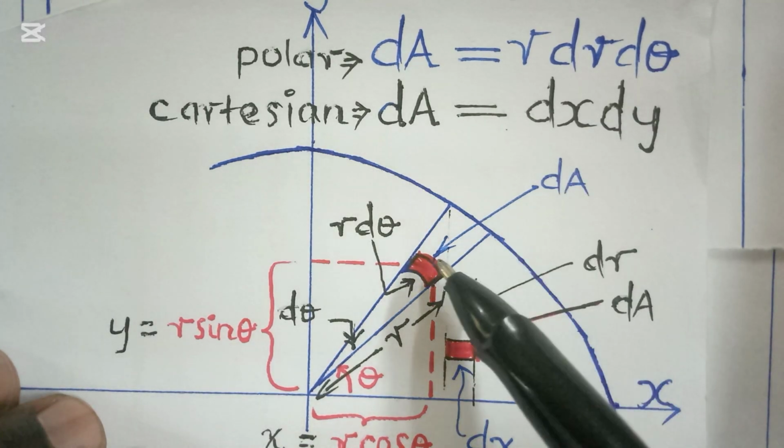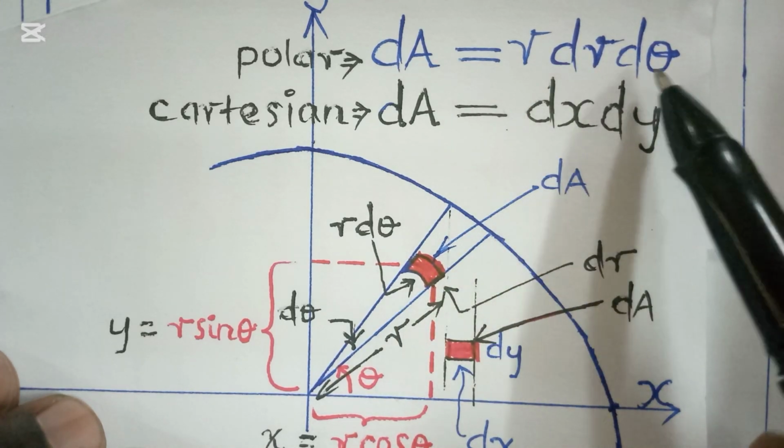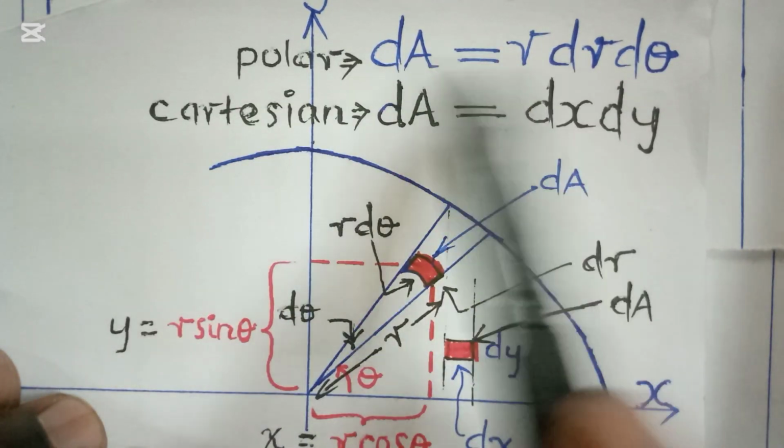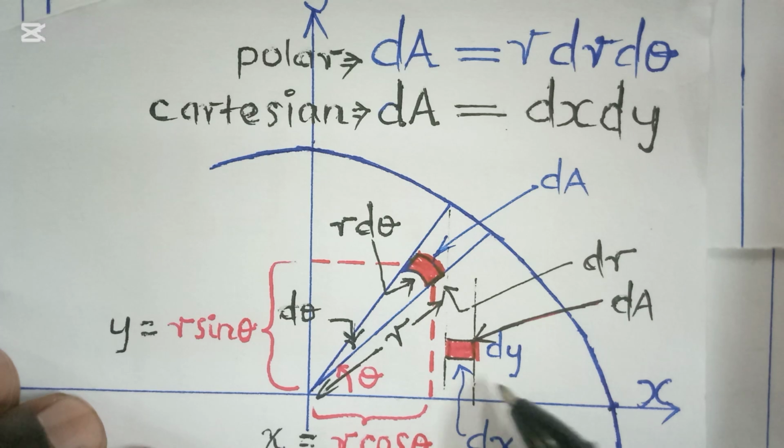So the area for this is supposed to be r dr d theta, and this is what we call the polar form. For the Cartesian form, the area for the element is dx dy.